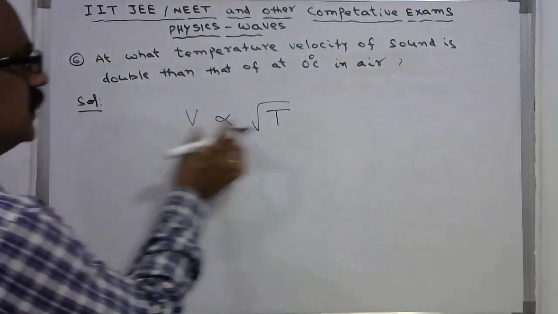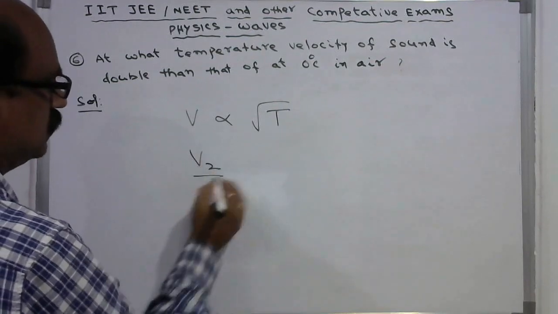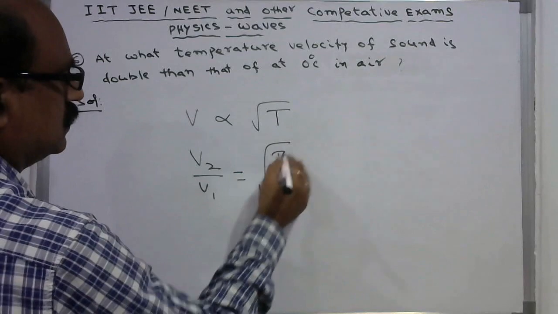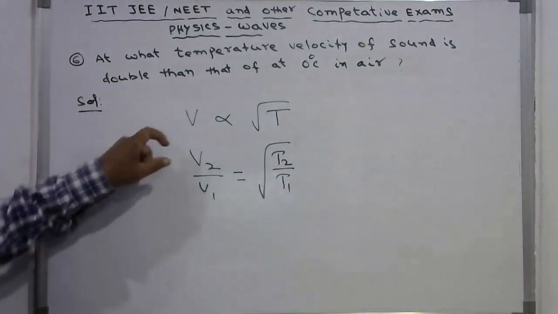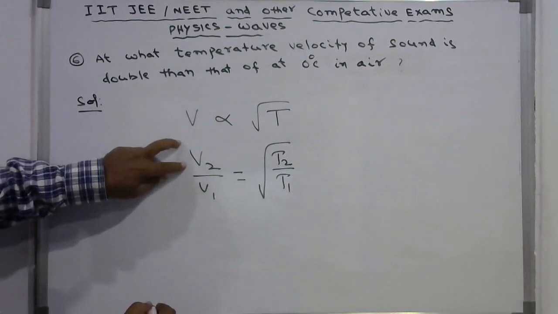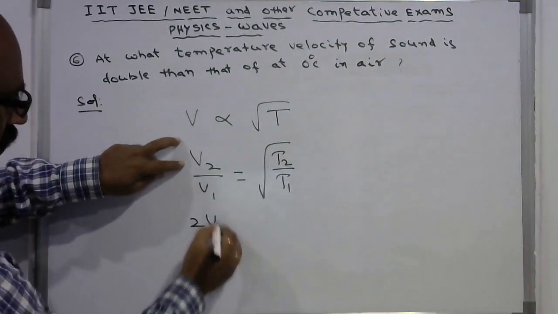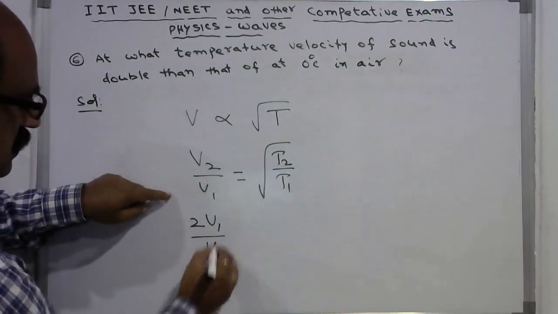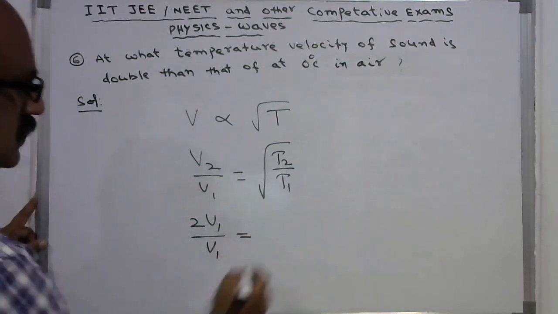So V is proportional to root T, or we can write V2 by V1 is equal to under root T2 by T1. So the velocity is doubled, meaning twice that of the velocity at 0 degree centigrade.